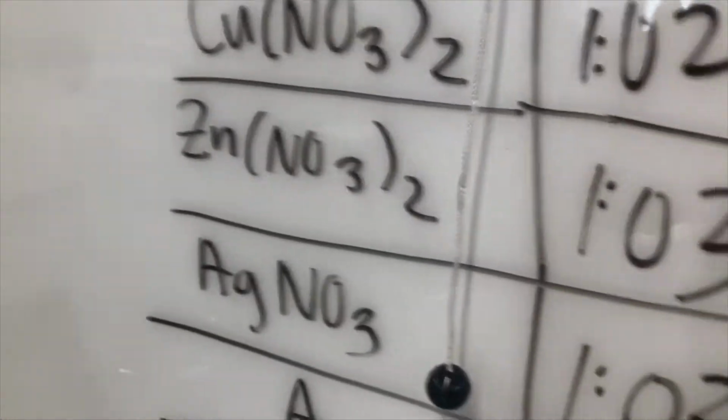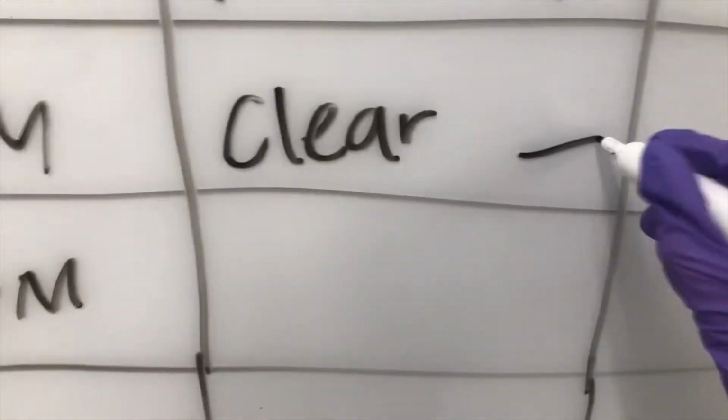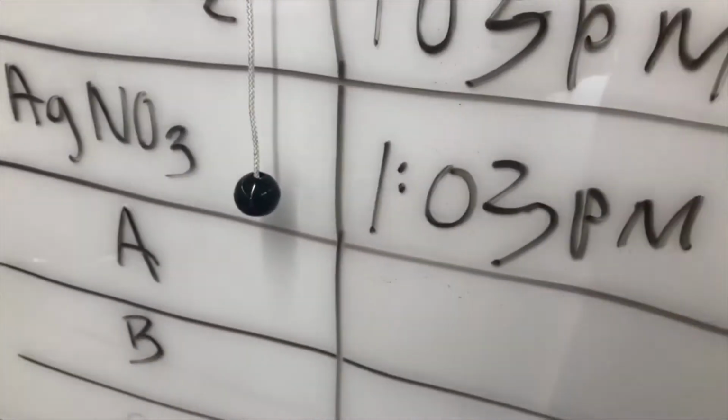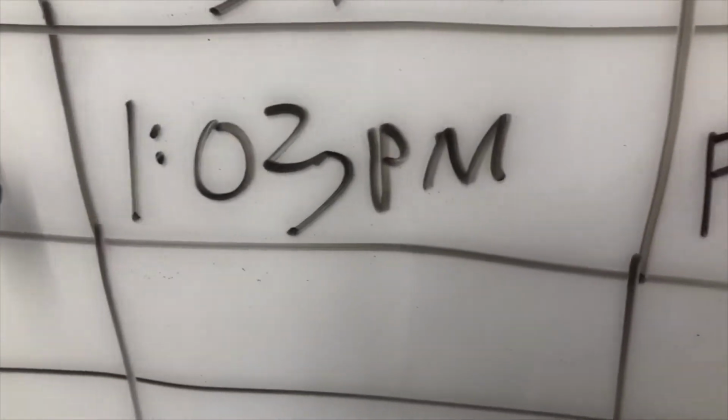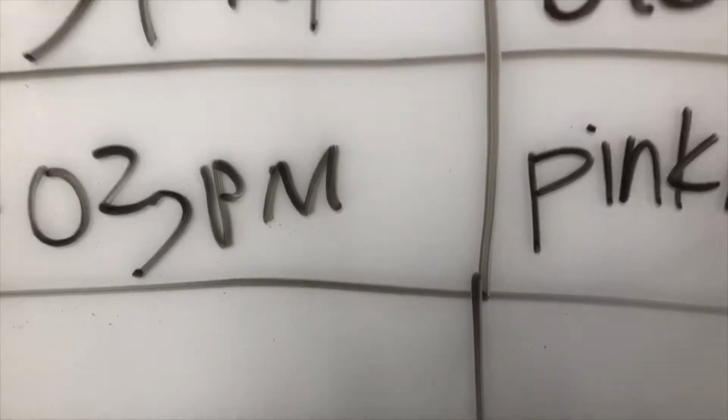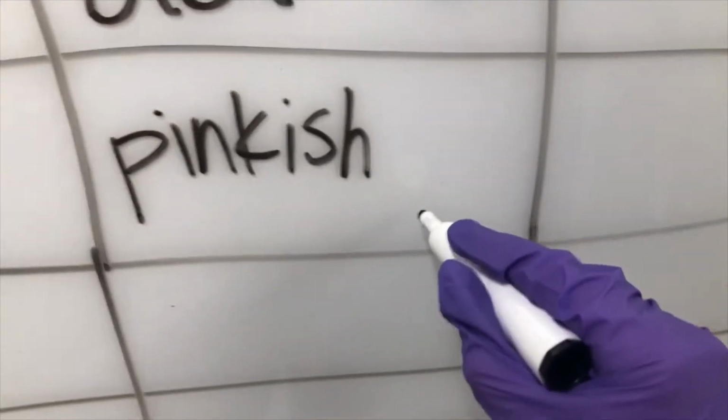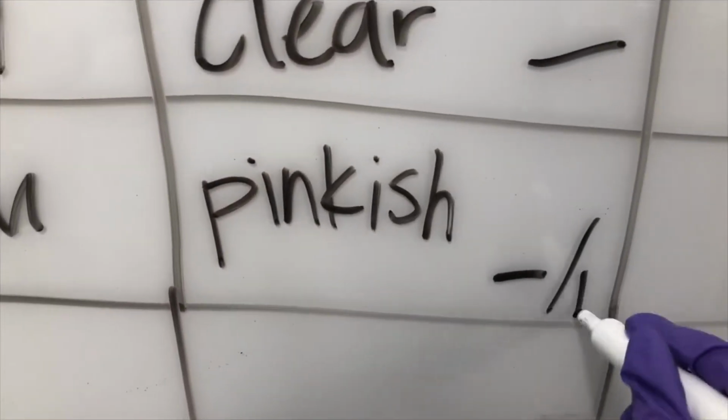Zinc nitrate is clear, so negative. And then the silver nitrate turned a little bit pink-ish, so I'll put negative, but a little. This is a little ambiguous, and I'll give you a hint: it's actually supposed to be negative, but things go kind of crazy.